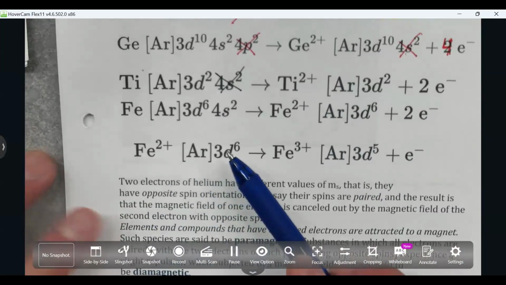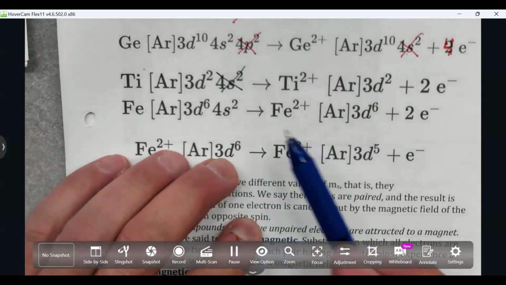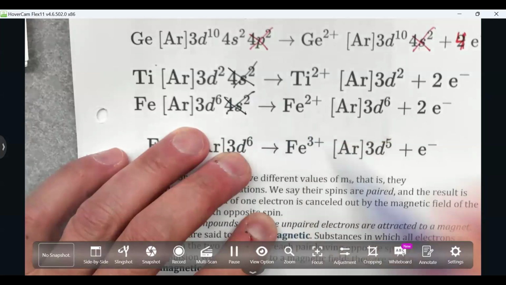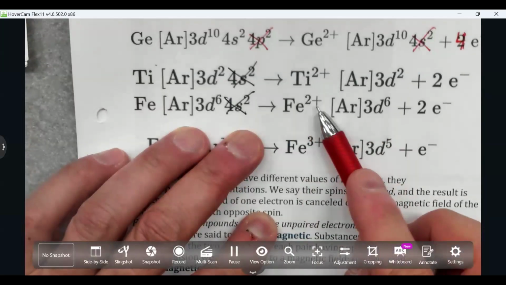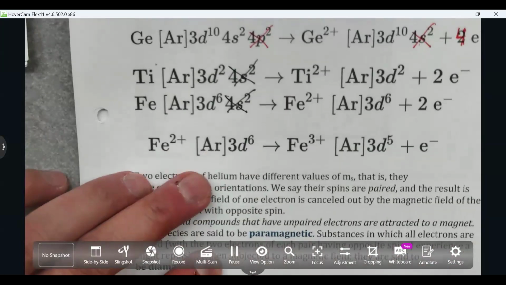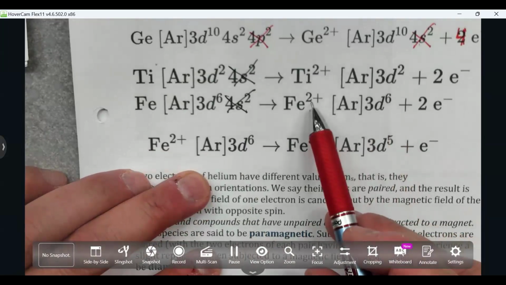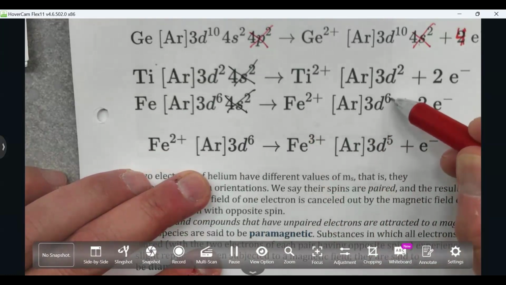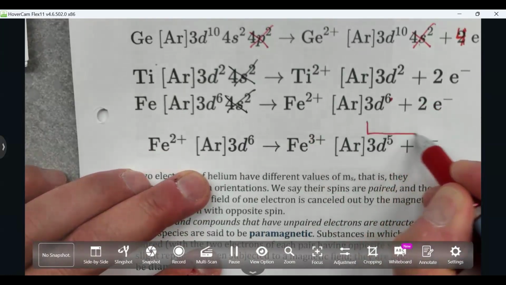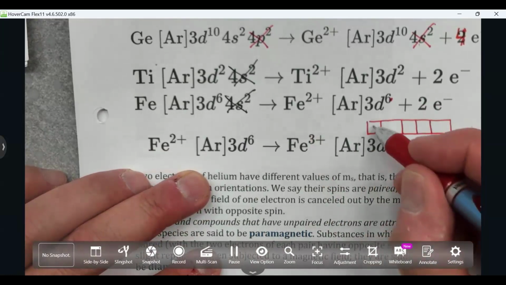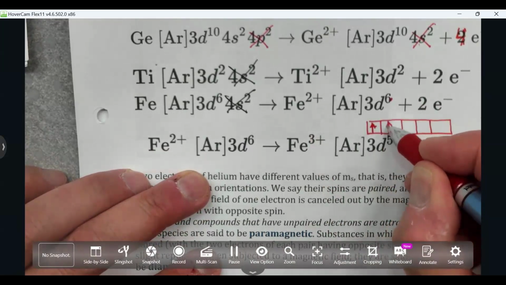Okay, iron. Iron we know can be +2 or +3. So if iron gets rid of these two electrons, we get iron with a +2 charge. And then look what it does. So this is my +2. In order to have a +3, it needs to get rid of one more electron, right? If it takes one out of the d, we end up with this configuration, and it stops.